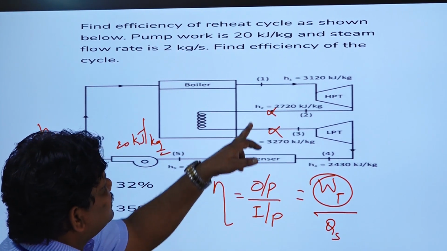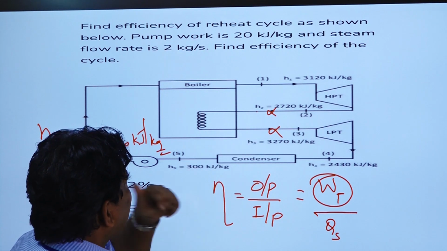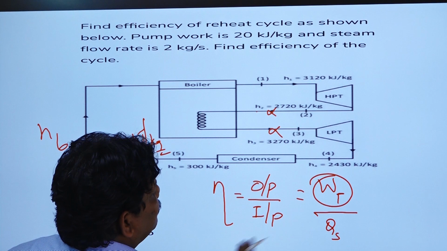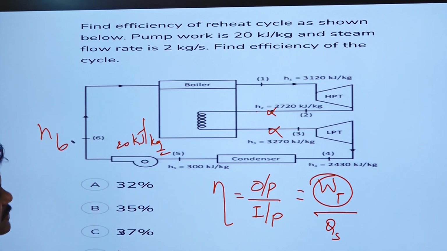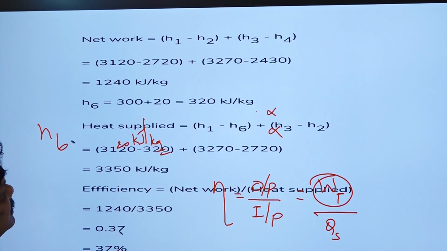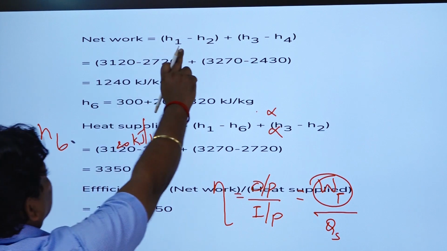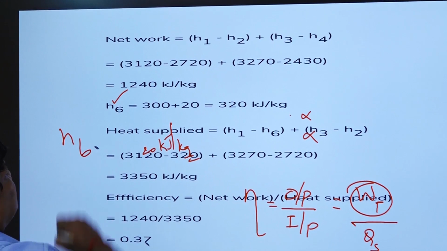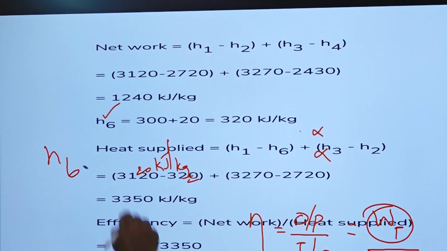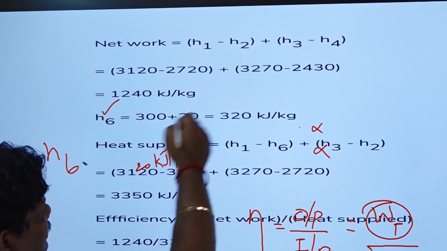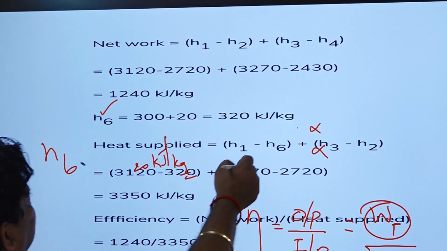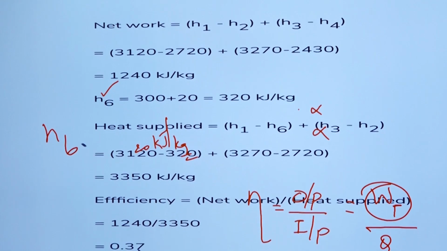So when you take the difference of H3 and H2 and add it to H1 minus H6, you will get the total heat energy to be supplied. You can see here, the network is H1 minus H2 plus H3 minus H4. You got the value of H6. Then the heat supplied is H1 minus H6 plus H3 minus H2. If you add these two, you will get the heat supplied.